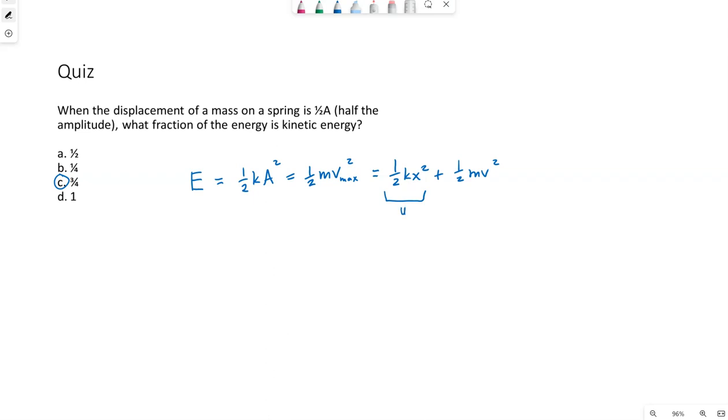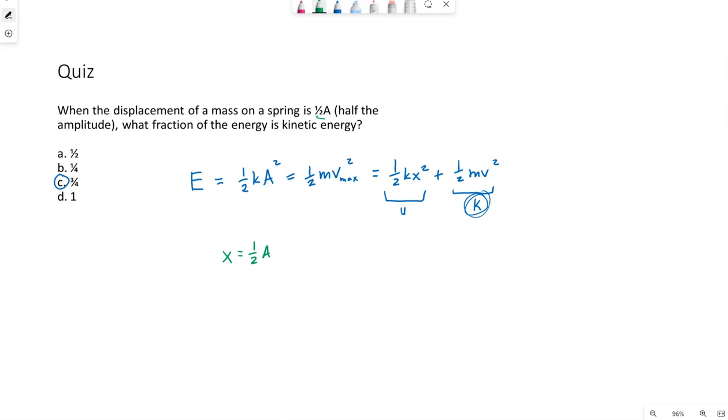So this piece is potential. This piece is kinetic. So we're trying to figure out how much this kinetic is. So they're telling us that x, the actual displacement at that moment in time, is half the amplitude.